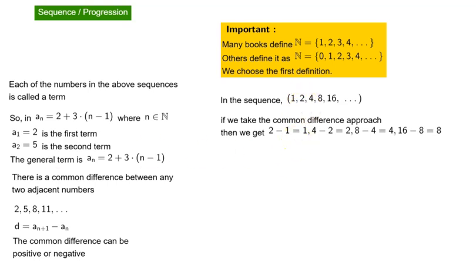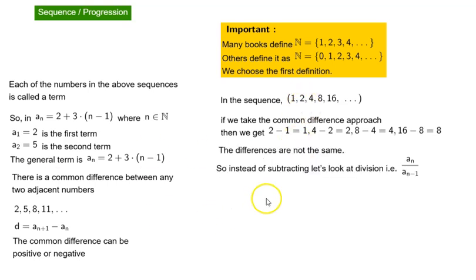So in this case, let's do one thing. Since the differences are not the same, instead of subtracting, let's look at division. That is a sub n divided by a sub n minus 1. That means we take a number in the list and divide it by the previous number. So here, 2 divided by 1, 4 divided by 2, 8 divided by 4, 16 divided by 8.